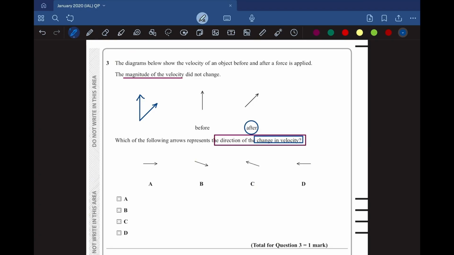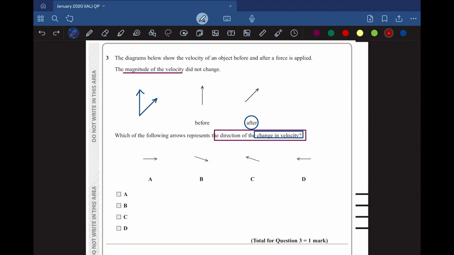Now let's draw. It will be like this. So basically this was the velocity before, and this one is the velocity after, which is actually the resultant velocity, and this was the change in the direction.